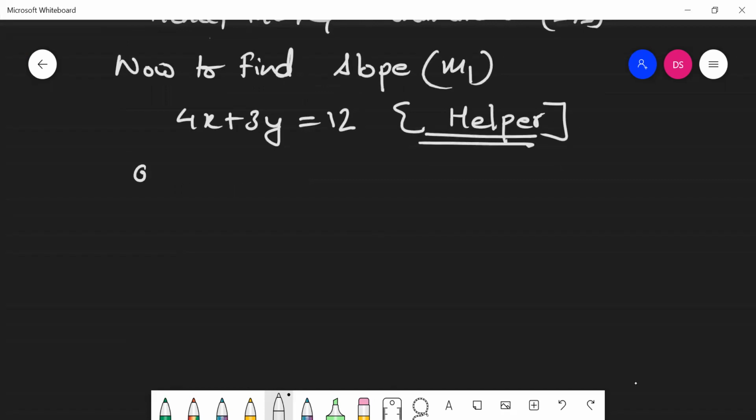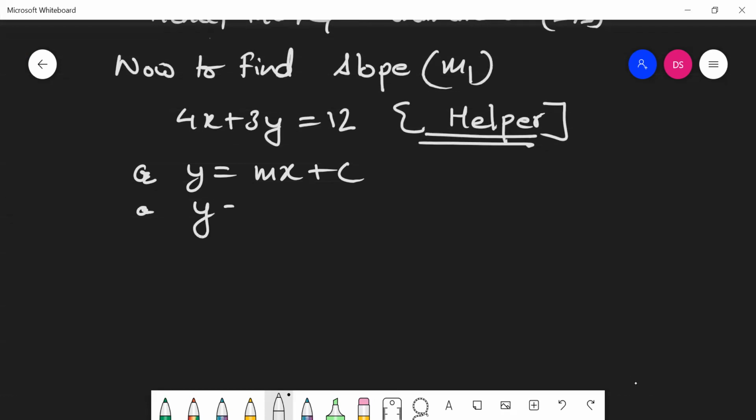Okay, now I'm going to convert this into the form y equals mx plus c, or you can simply write x coordinate divided by y coordinate. But I'm going to convert it in this form.